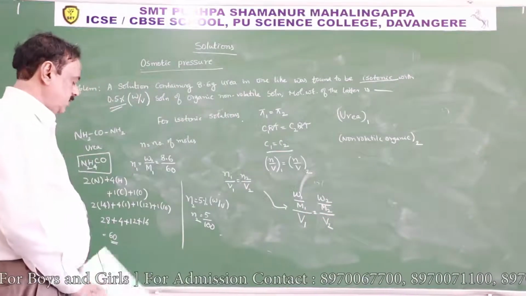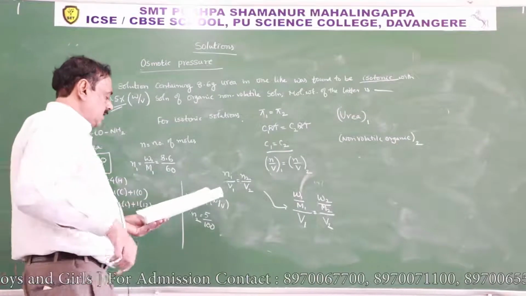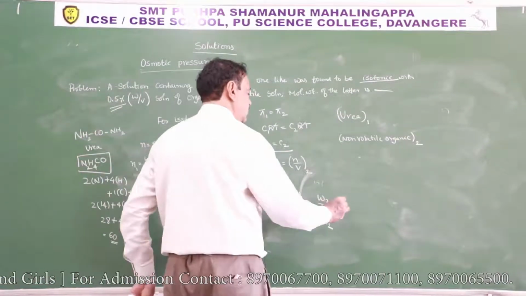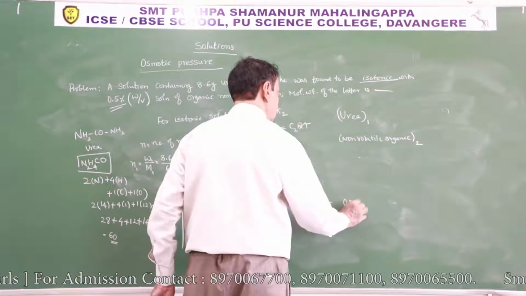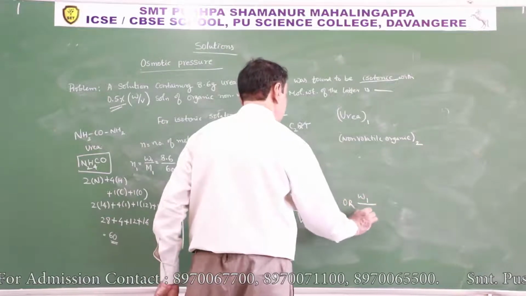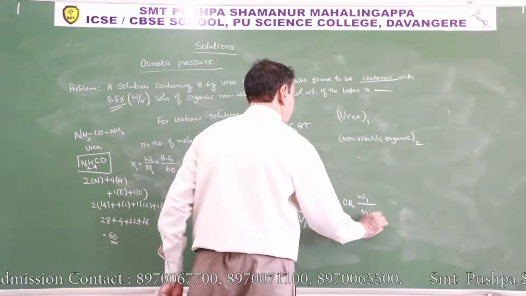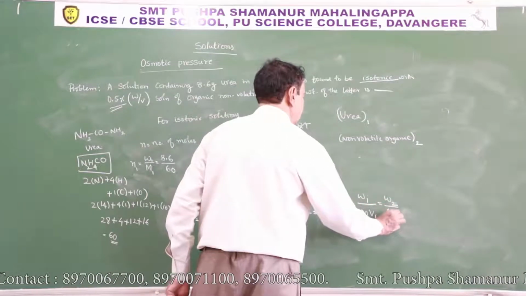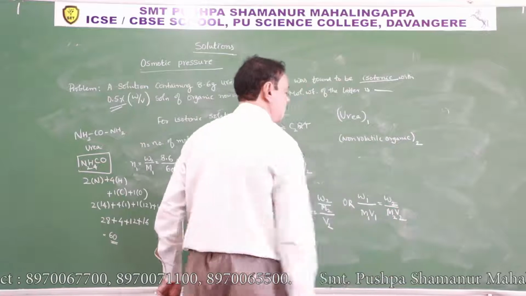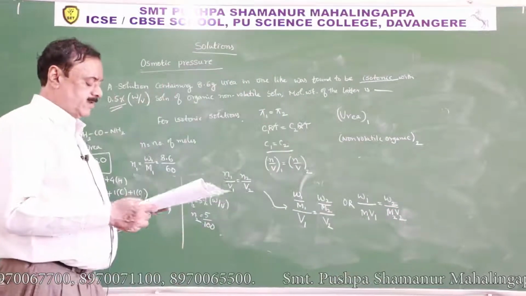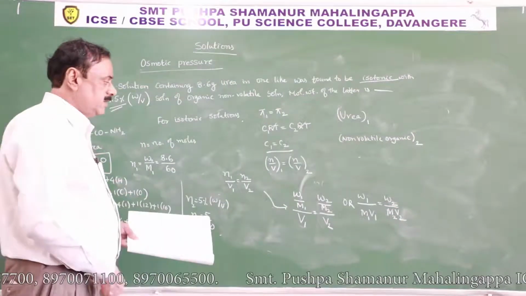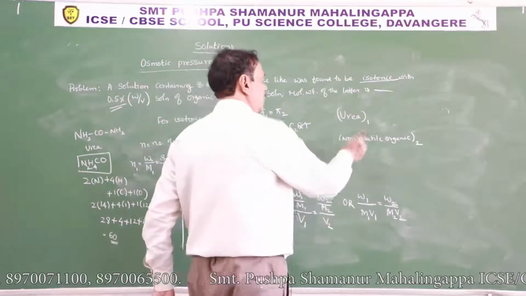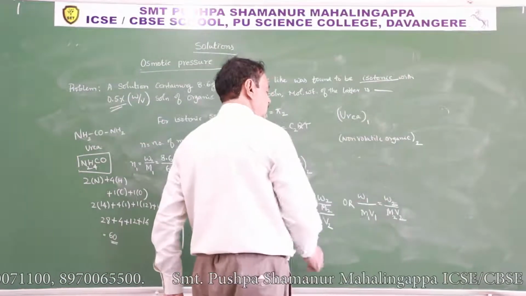Or you can call this W1 divided by M1 into V1 is equal to W2 divided by M2 into V2. This is 1 for urea, 2 for this one.